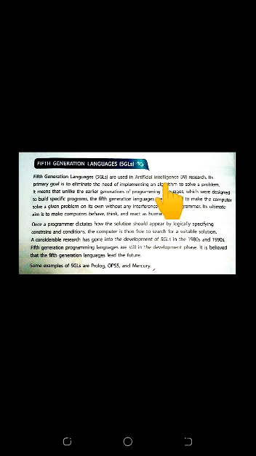Nowadays artificial intelligence is going on. So the primary goal is to eliminate the need of implementing an algorithm to solve a problem. It means that unlike the earlier generations of programming languages, which were designed to build specific programs, the fifth generation languages are designed to make the computer solve a given problem on its own without any interference of the programmer.